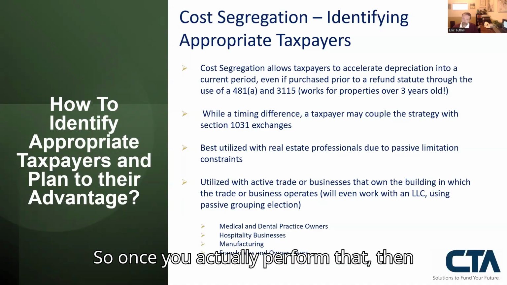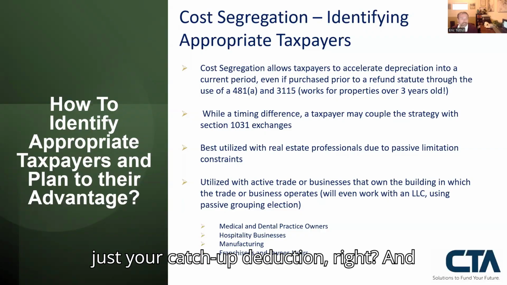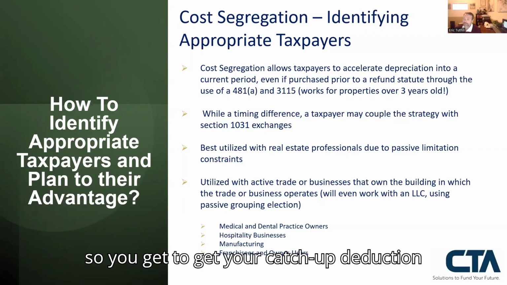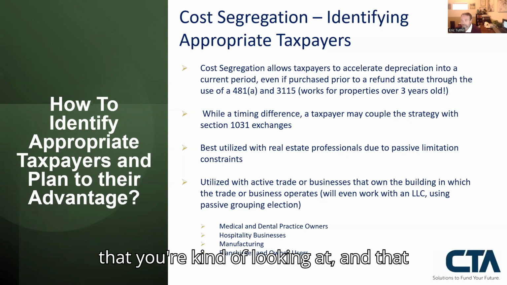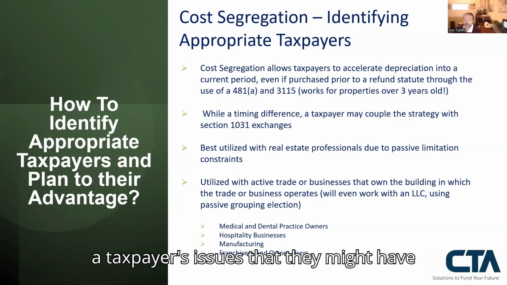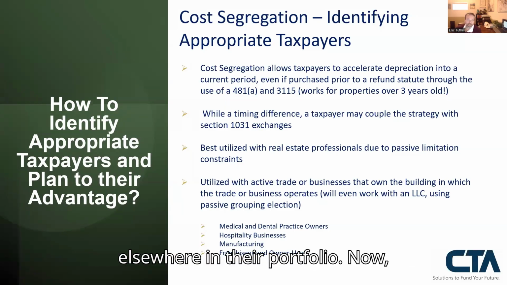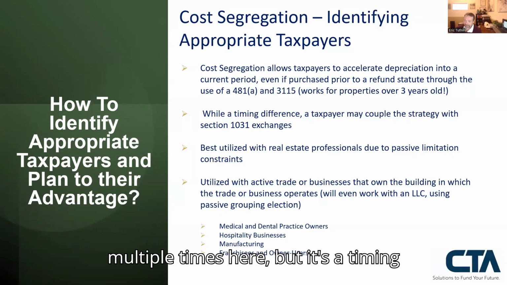So once you perform that, you can do the 481(a) adjustment, which is just your catch-up deduction, right? And you get your catch-up deduction all at once in whatever tax period you're looking at, and that will help adjust or offset a taxpayer's issues that they might have elsewhere in their portfolio. Now, I've made this clear multiple times here, but it's a timing difference, right?